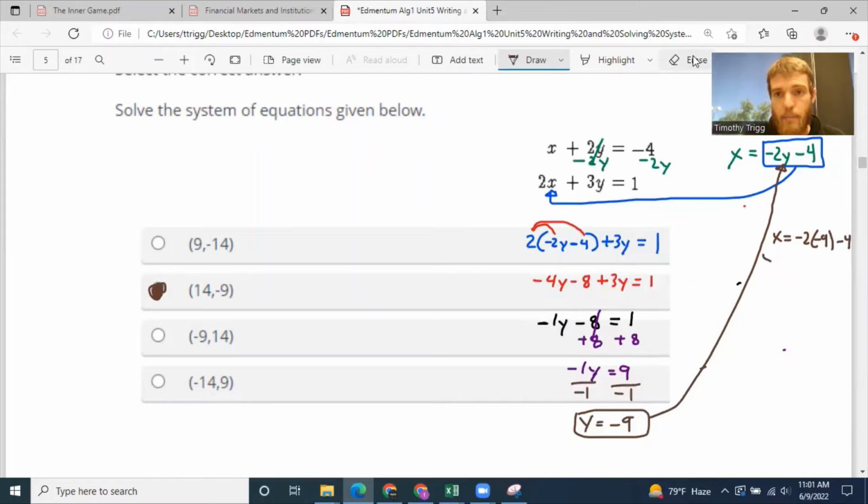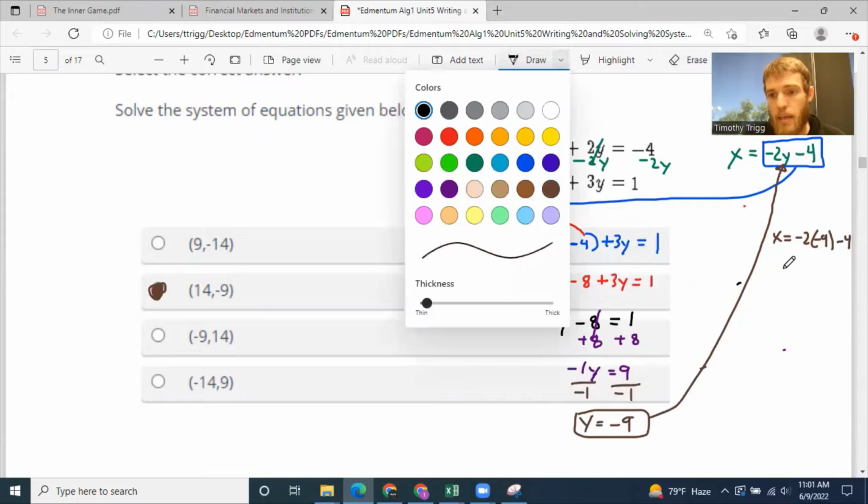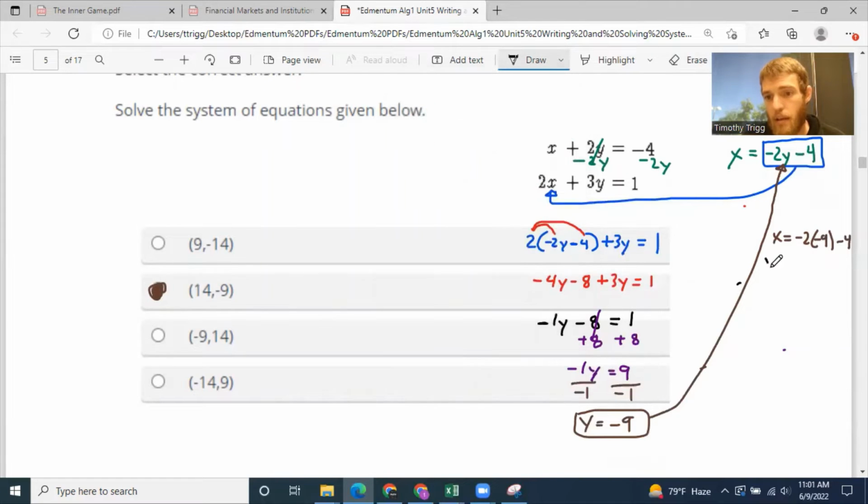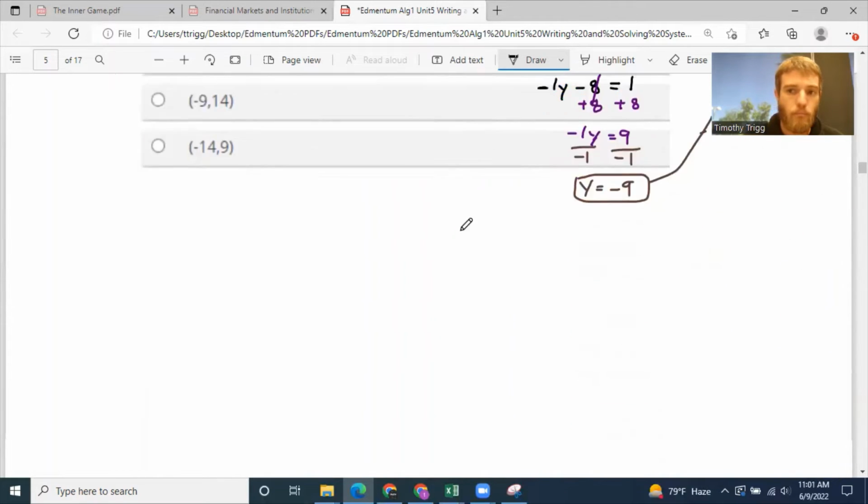Multiplying the -2 times -9 gives positive 18, minus 4, which gives us that x is 14. See that there? Okay, great.